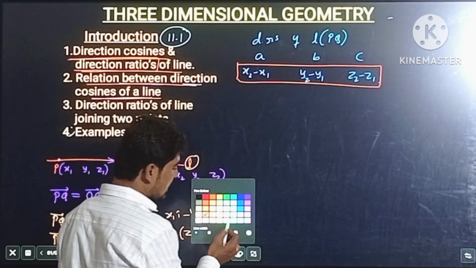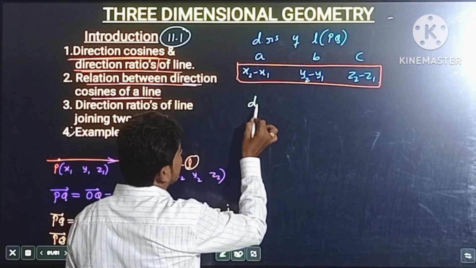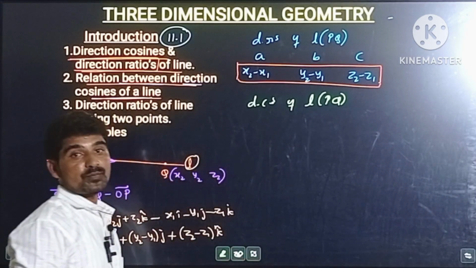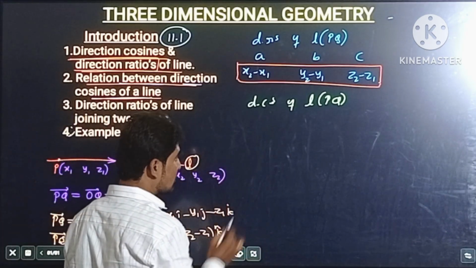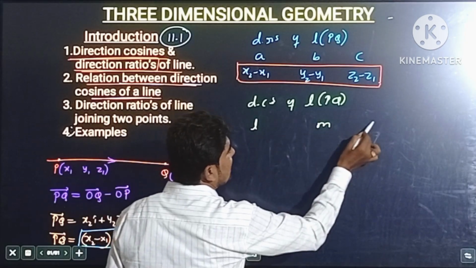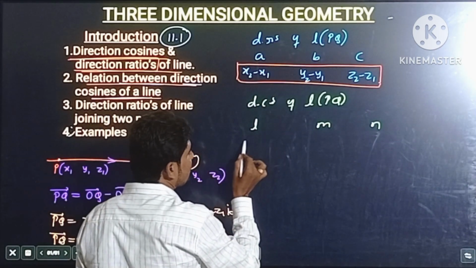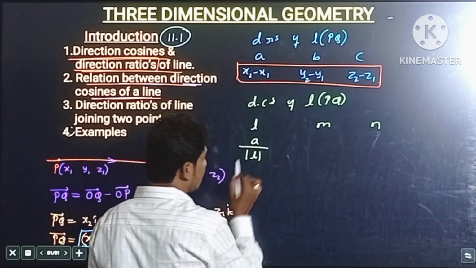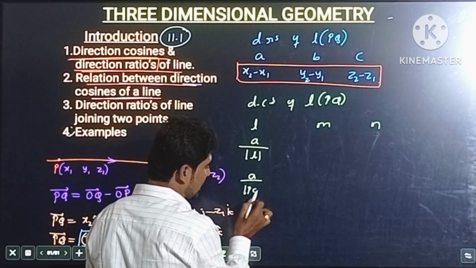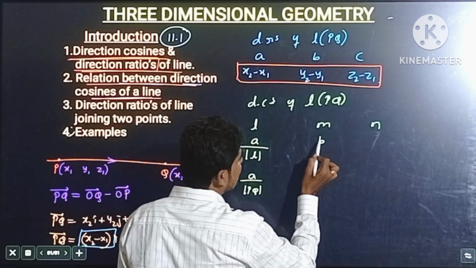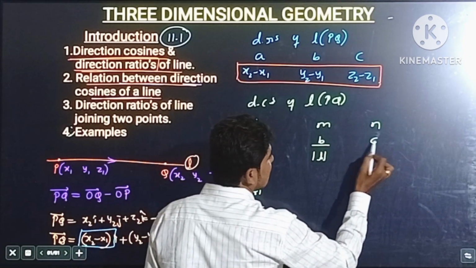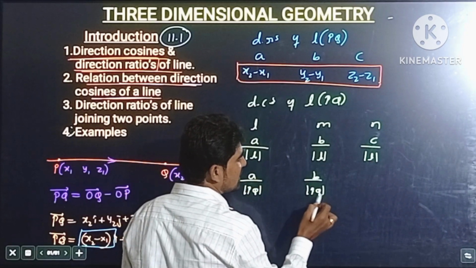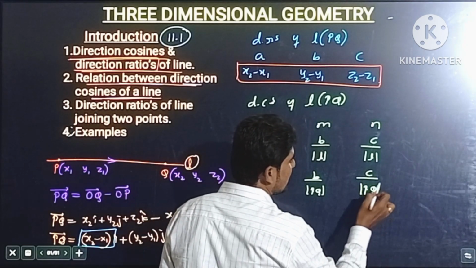And to find the direction cosines of line L, or simply the direction cosines of the PQ line segment: direction cosines are denoted by L, M and N. The value of L is plus minus A divided by magnitude of the line L, or magnitude of PQ. Similarly, M is B divided by magnitude of PQ, and N is C divided by magnitude of PQ line segment.